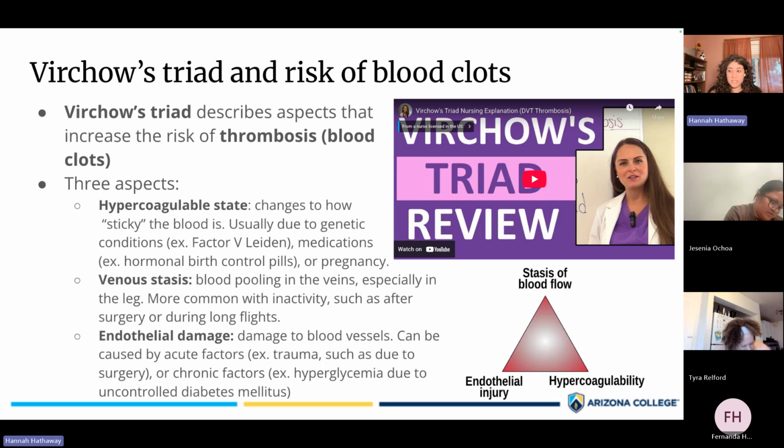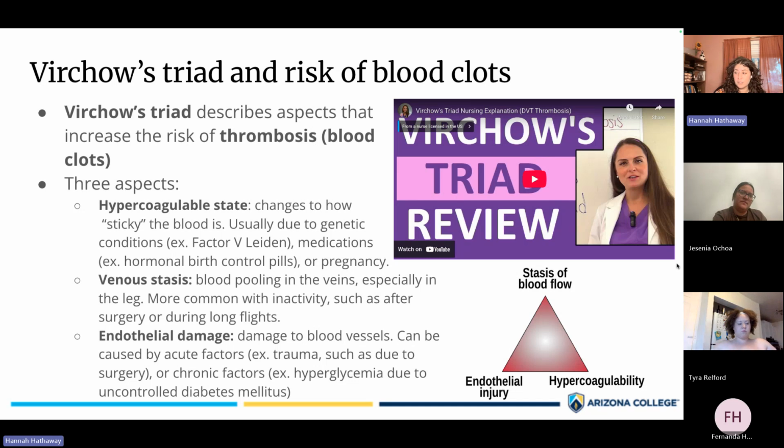And then the third risk factor is endothelial damage or injury. The normal function of your blood clotting is that if there is an injury, the blood clots to stop bleeding, right? So if you have injury or damage to your blood vessels, that's going to activate blood clotting. That's normally what should happen. But some of that damage can be caused by things that aren't actually causing bleeding. So anything that causes inflammation or damage to blood vessels just increases the risk of blood clots.